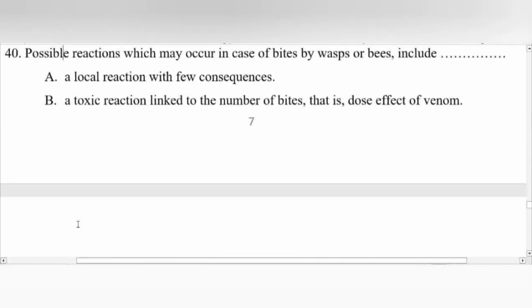All of the above. The reason is that possible reactions which may occur in case of bites by wasps or bees will actually include a local reaction with few consequences, where sometimes somebody gets bitten by, let's say, an insect, and the person just scratches the place slightly, and the person is okay. The person forgets about it.